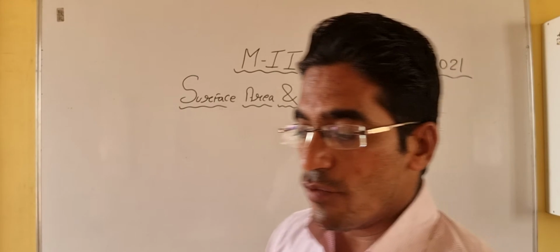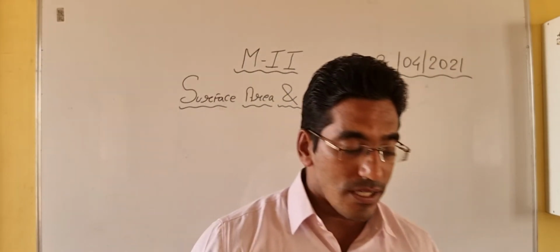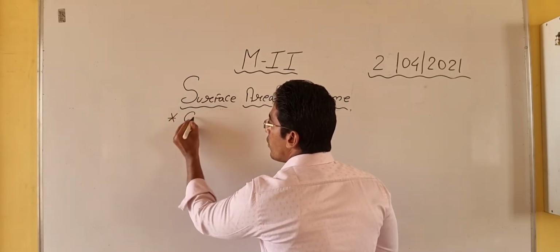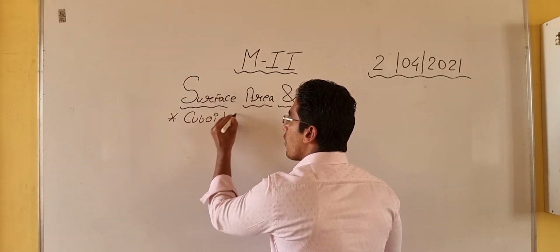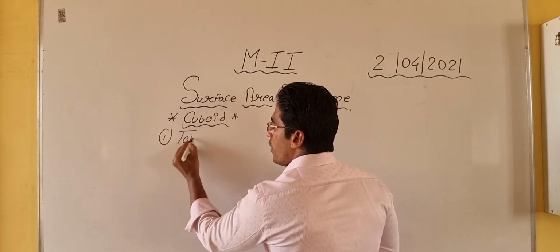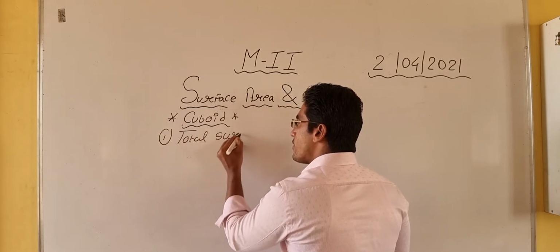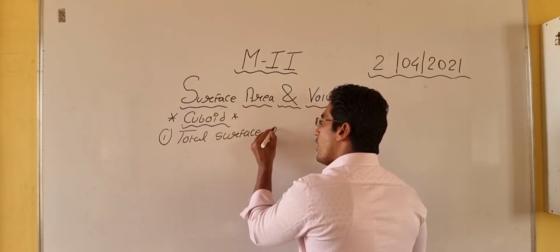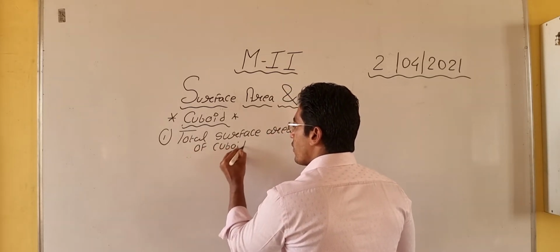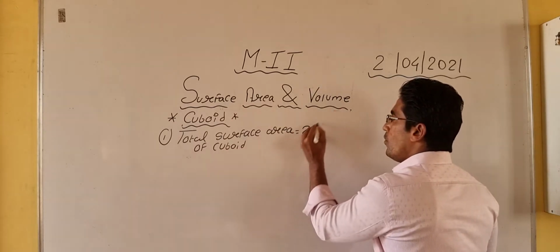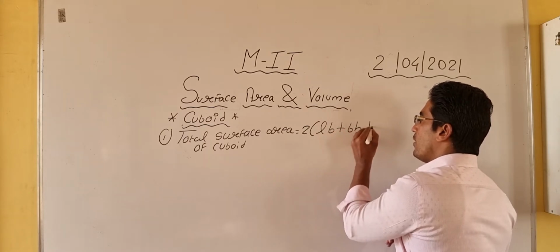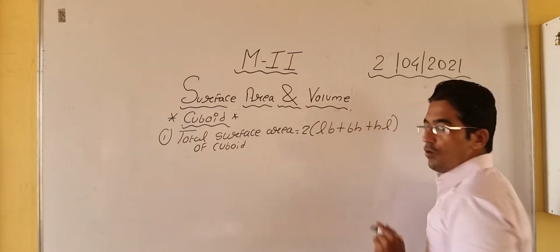Now, the first formula which we are going to see for cuboid is the total surface area of cuboid. The total surface area of cuboid is equal to 2 in the bracket LB, length into breadth, BH, breadth into height, HL, height into length.